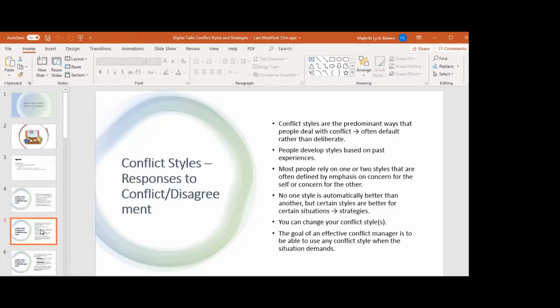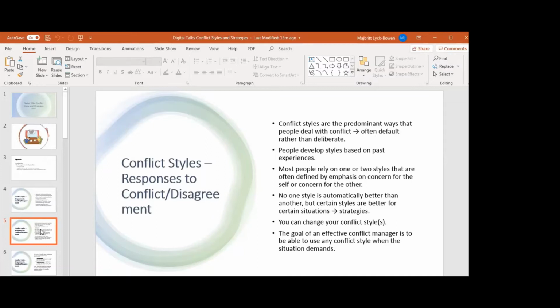And it's really important to emphasize here that there is no style that is automatically better than others. In the sense that there's no style that if you adopt a particular style that will always lead to the best outcome. Different styles fit different situations. So if, after having filled in the questionnaire, you, for example, find yourself in the "I'm always avoiding conflict" situation, that doesn't mean that that's necessarily a bad thing.